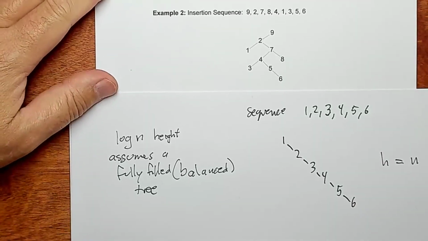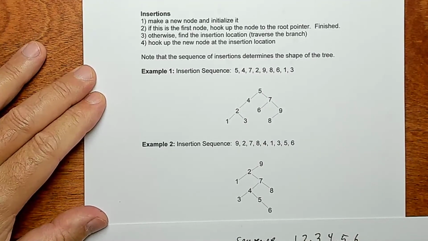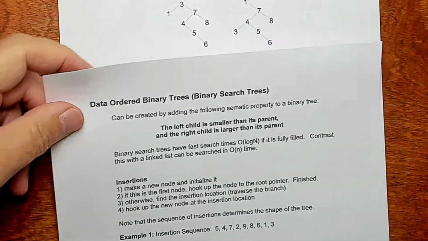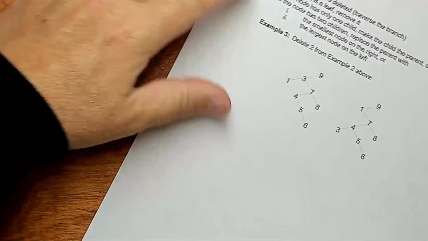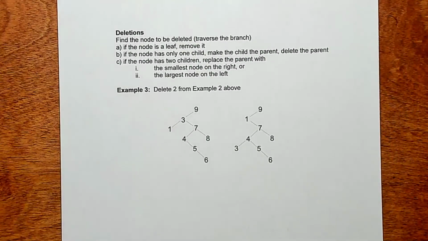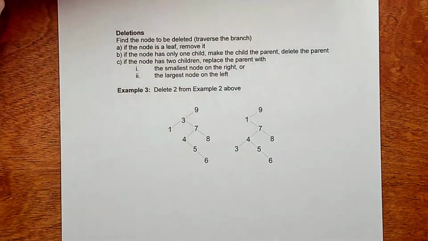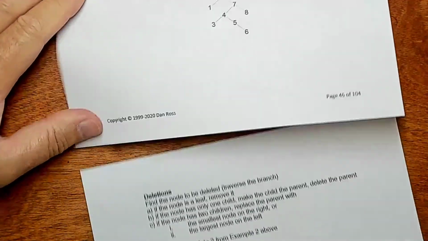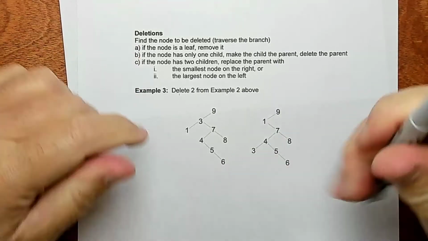Okay, so that was how to do insertions, the tree that you get. Let's talk about deletions a little bit. So here are the rules for deletions. You first need to find the node that you're going to delete, and then you have two choices.